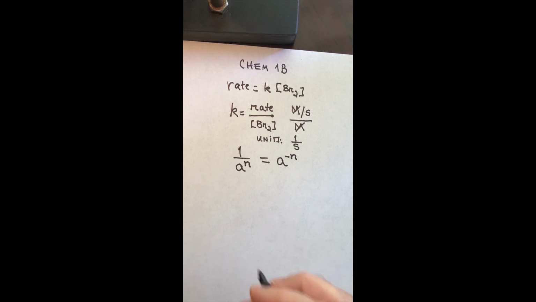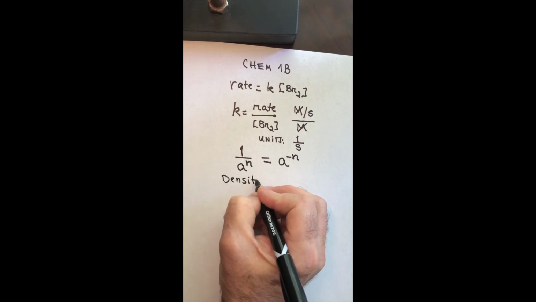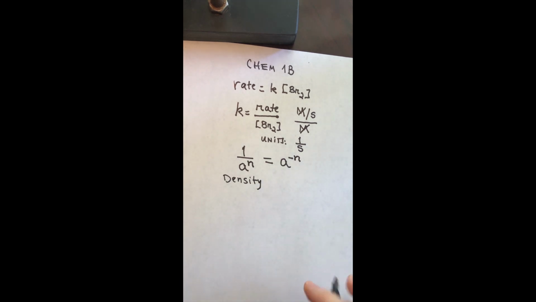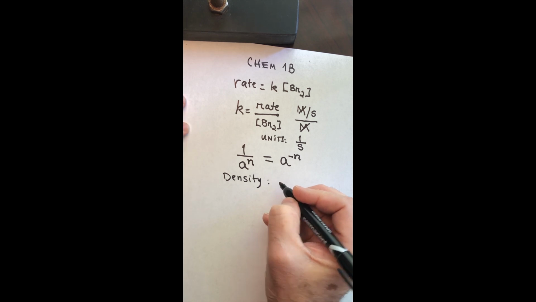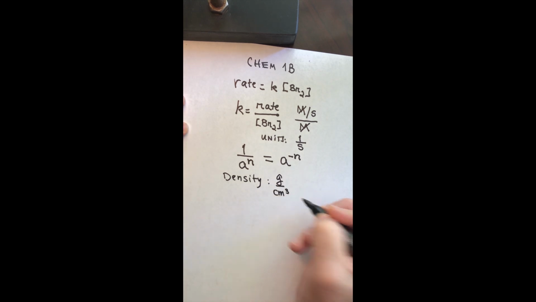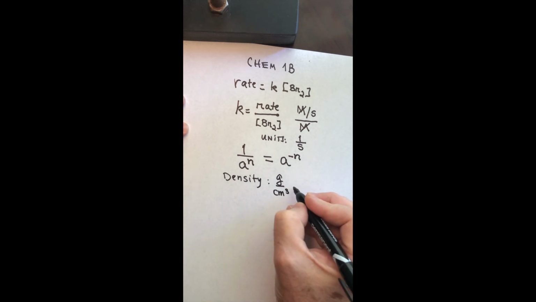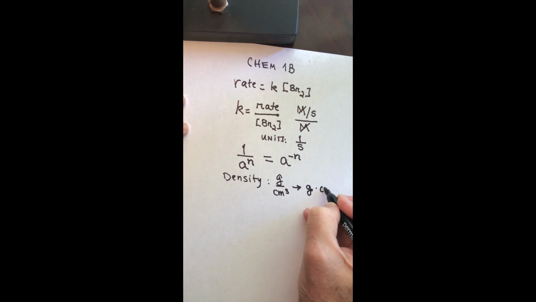And so, for example, density, which is typically expressed, let's say, in grams per cubic centimeter, right? We could show that as grams times centimeters to the minus 3.